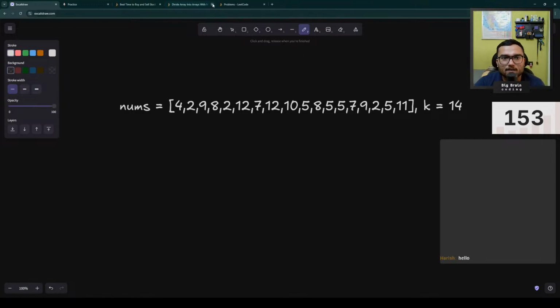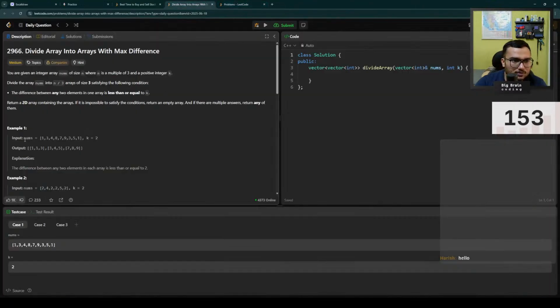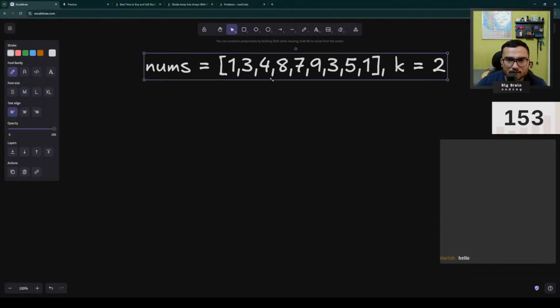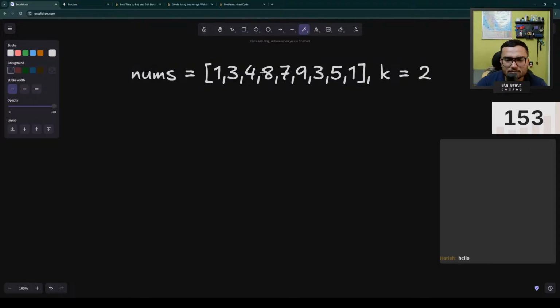Okay, let's take the smaller one and see if we can extrapolate that to this big guy. There are 9 elements in here and I have to divide them into arrays of size 3. What if I simply sort them? What will be the sorted order? It will be 1, 1, then 3, 3, 4, 5, 7, 8, 9, right?